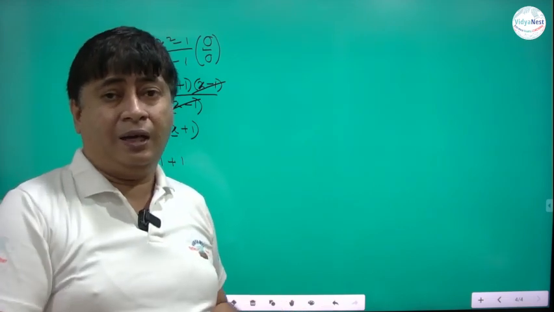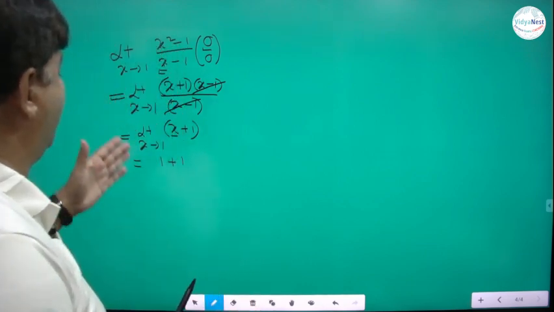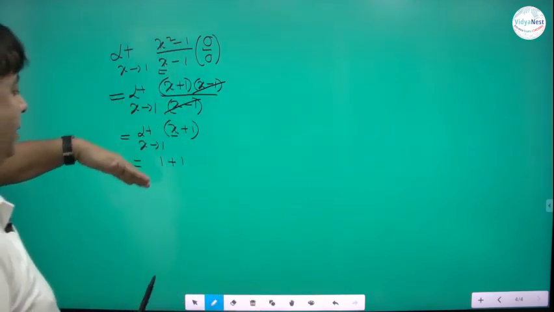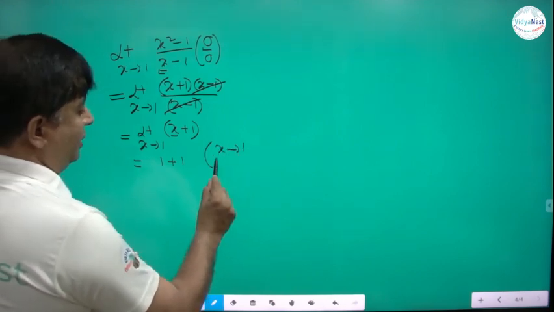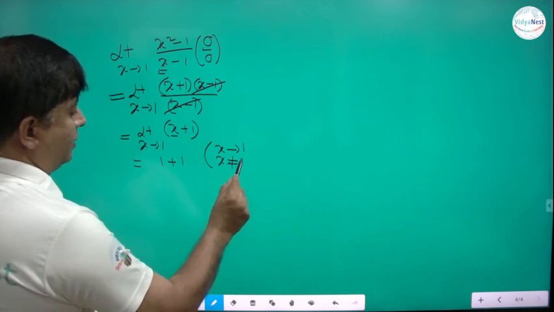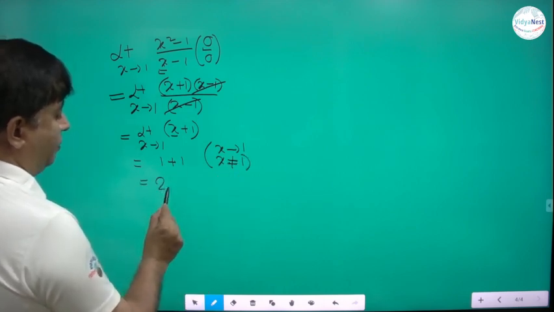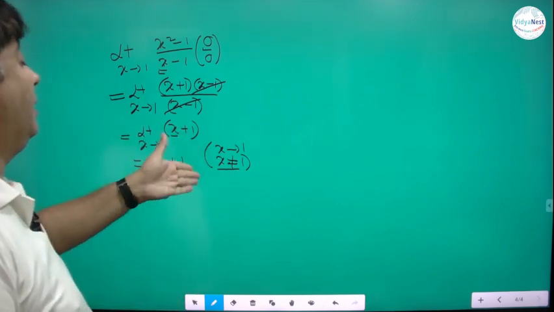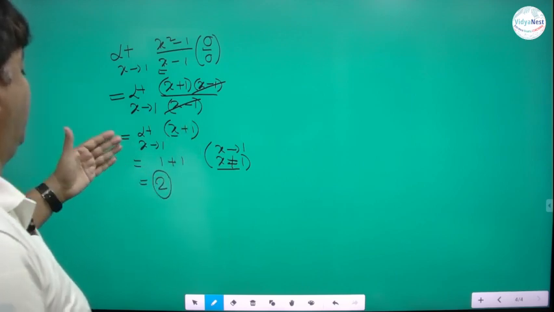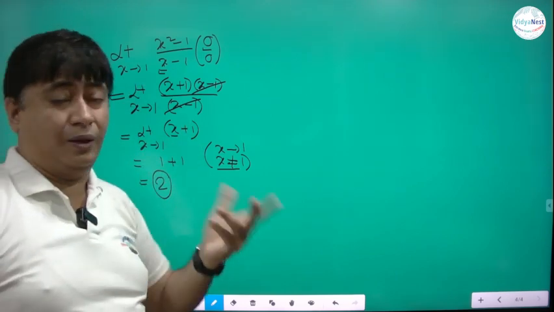Exactly. Actually, x is not equal to 1, but for the sake of calculation we are taking 1. So, as a side note, you have to write x tends to 1, x not equal to 1. You have to make the examiner understand that you know the concept of limit, and that you are not blindly putting x is equal to 1. Understand?